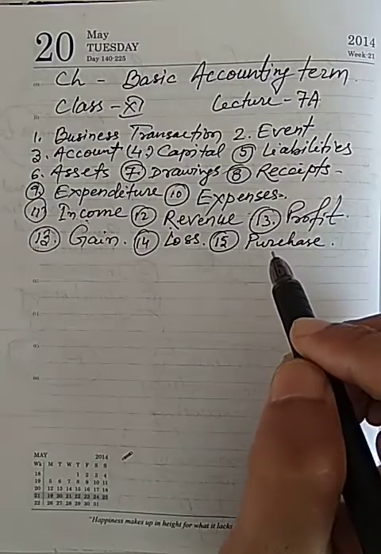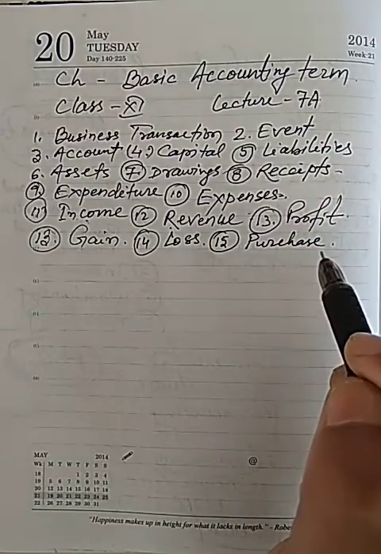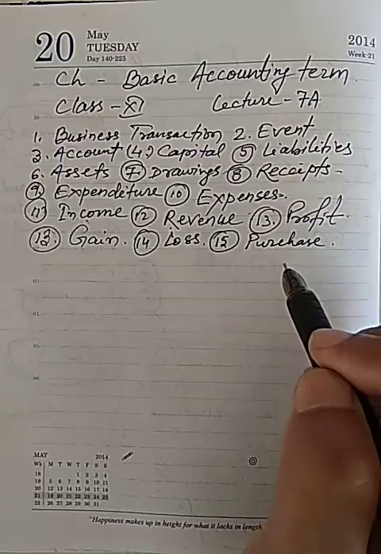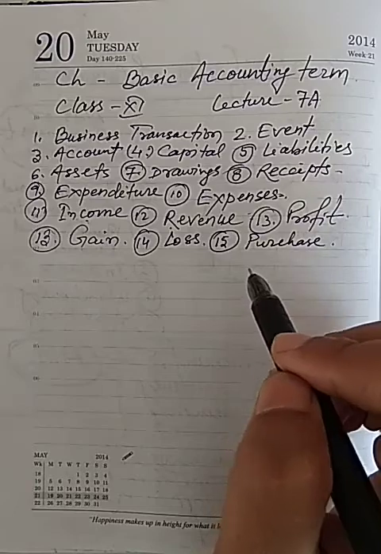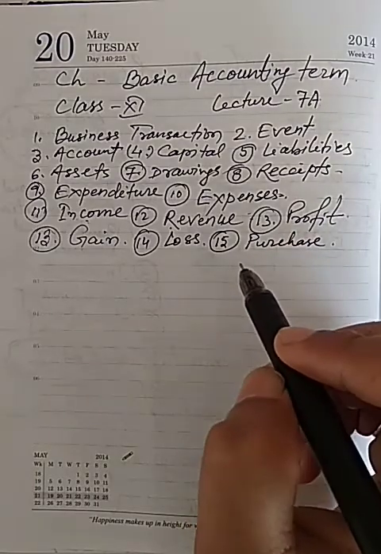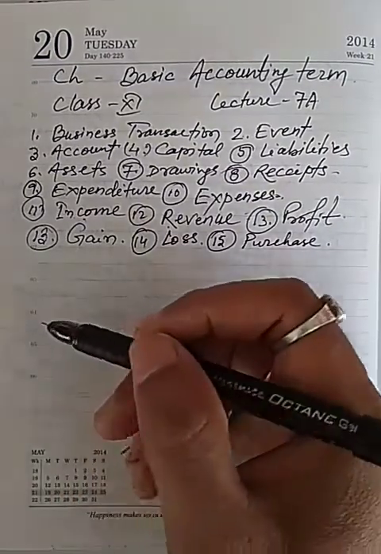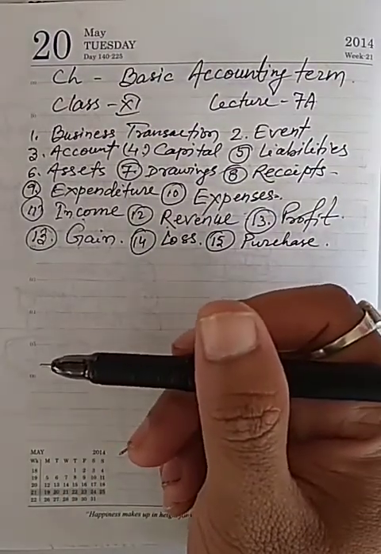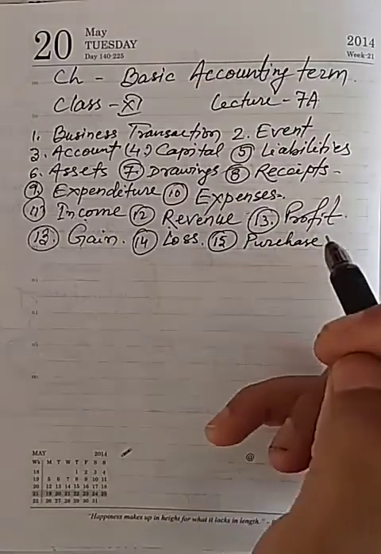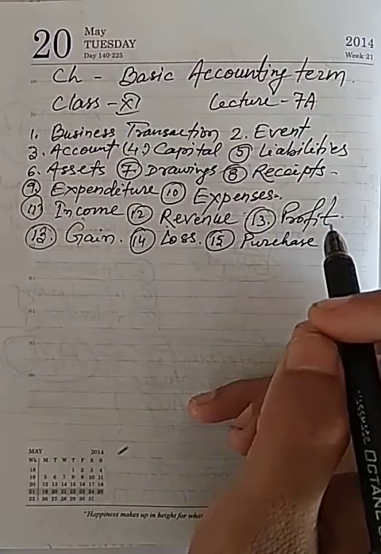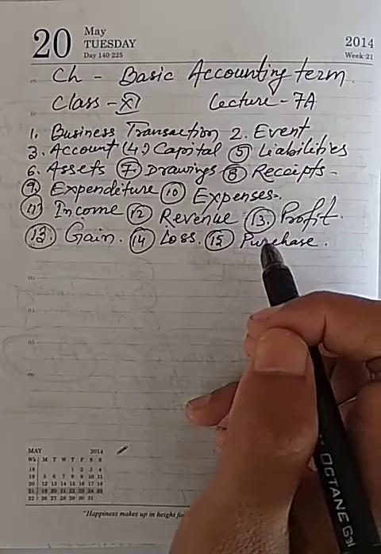However, if the same cloth dealer purchases furniture for seating the customers, such furniture will not be termed as goods, but it will be an asset, and a separate account named furniture account will be opened for it. The term purchase includes both cash purchase and credit purchase of goods.